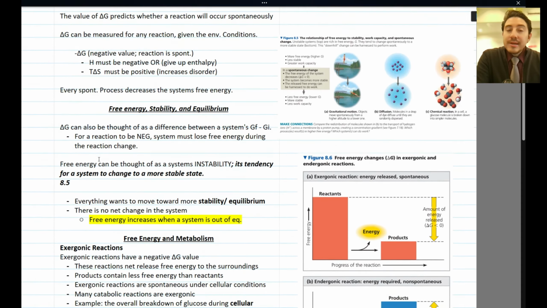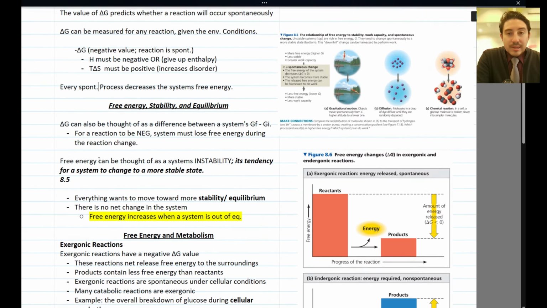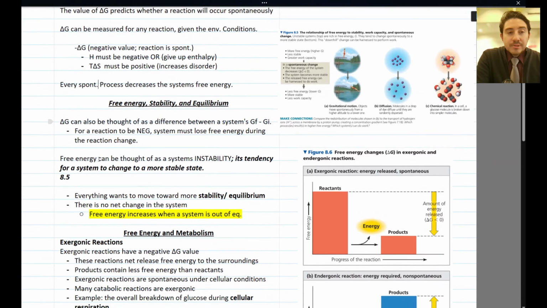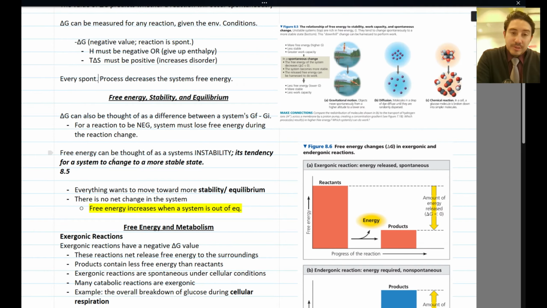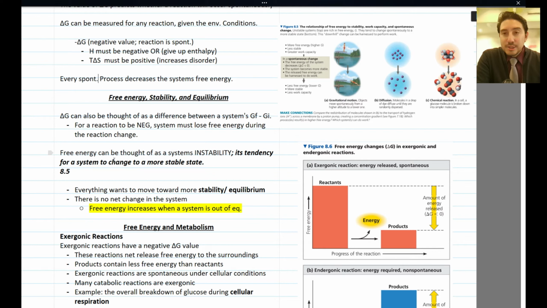Regarding stability and equilibrium and free energy, as I mentioned before, delta G can be thought of as the difference between a system's free energy in the final state minus the initial free energy.